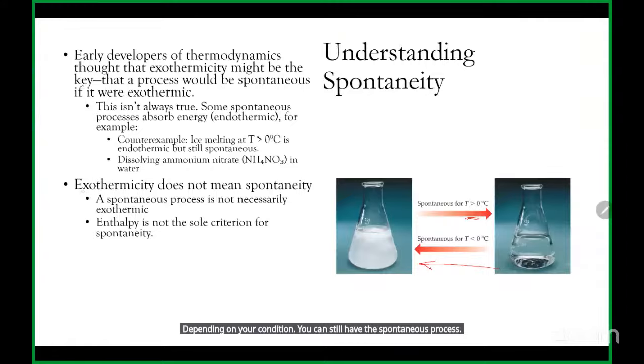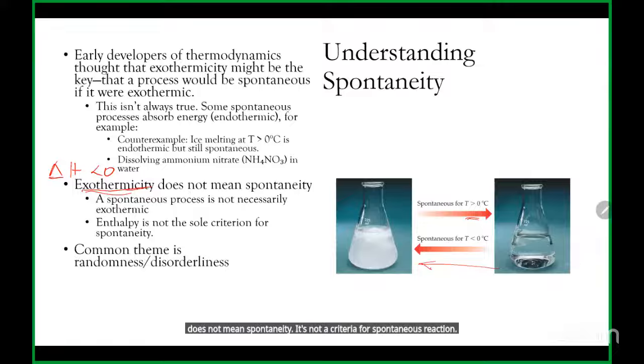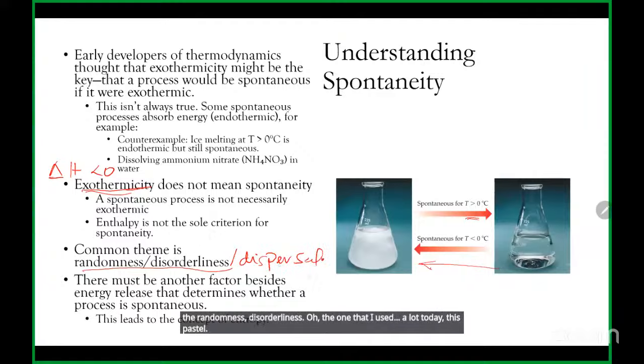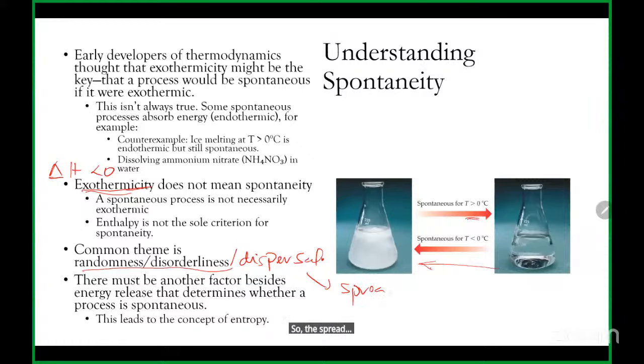So exothermicity, that is delta H being negative, does not mean spontaneity. It's not a criterion for a spontaneous reaction. So the criterion for spontaneous reaction that we have seen is the randomness, disorderliness, or the one that I used a lot today, dispersal. So the spread of energy.